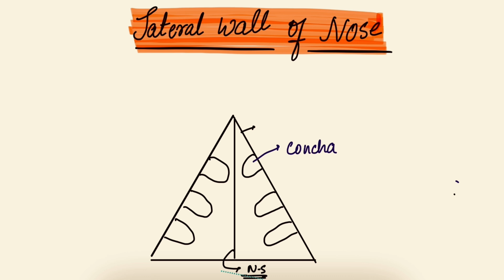The first one, this superior one, is called the superior concha. This one is the middle concha, and this one is the inferior concha. And you can see that there is a space between these conchae. These gaps or spaces are called the meatus.